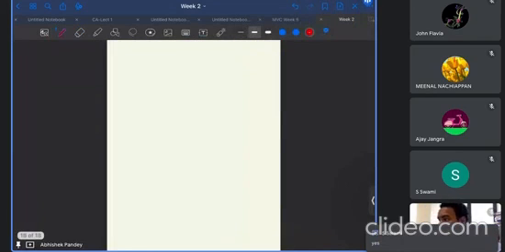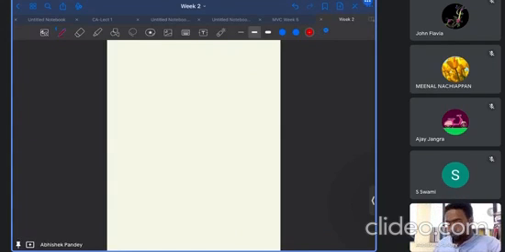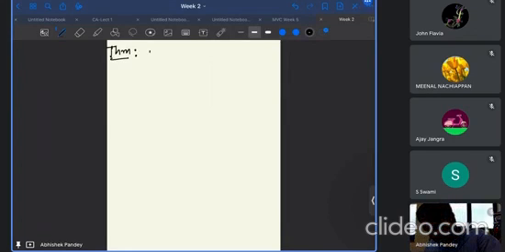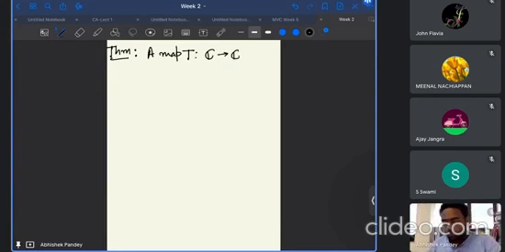Now, this is the theorem which I will mention in the book, and you can go through it. It is quite important to understand real differentiability and complex differentiability of a complex function, and how to differentiate between these two.